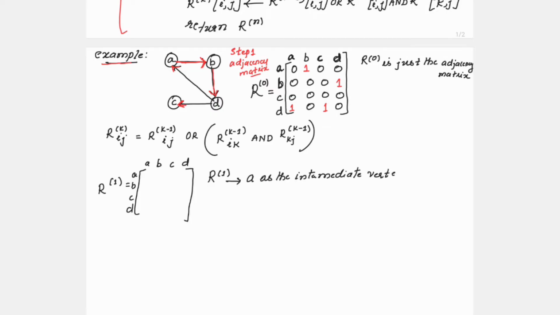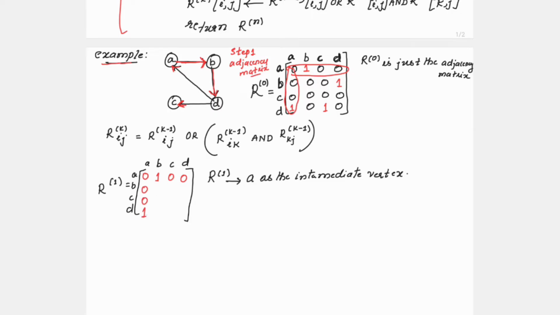So if you are considering A as the intermediate vertex from the adjacency matrix, that is from the previous matrix, whatever values are there for A, that means the first row and the first column, these elements you need to write down as it is: 0, 1, 0, 0, 0, 0, 1.